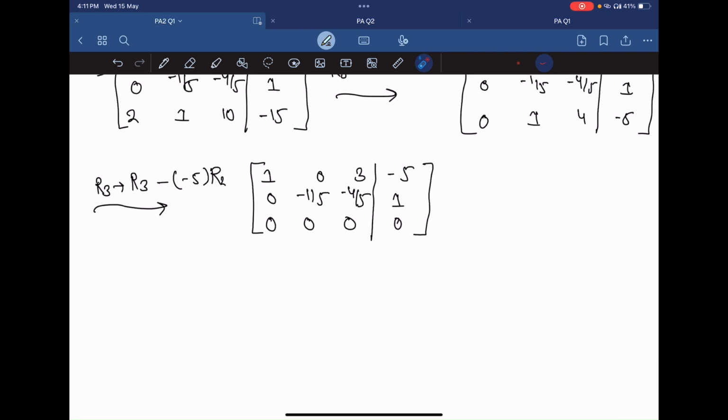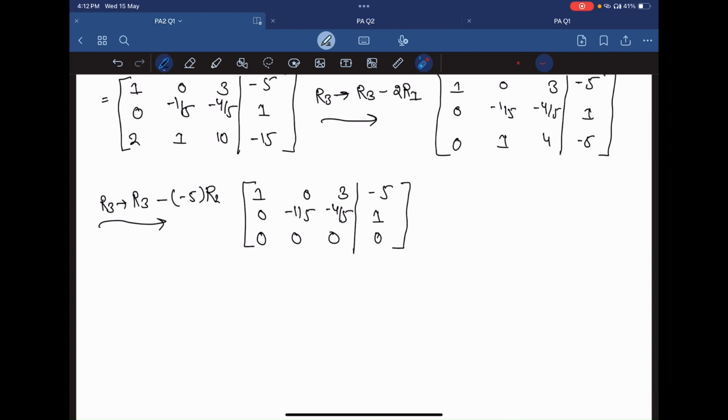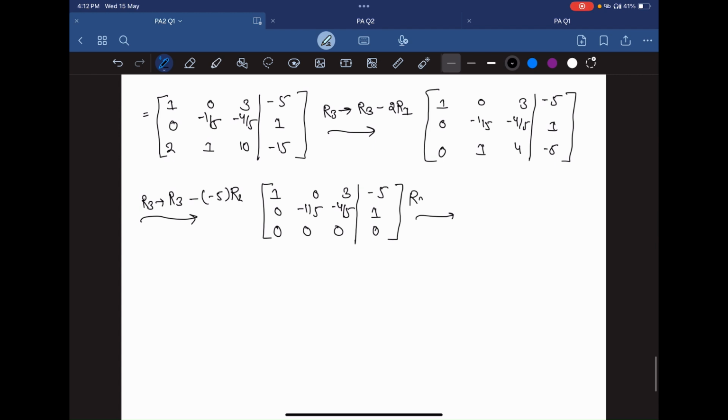We can also check that there's one column which doesn't have a pivot entry. If we further row reduce this matrix by doing an operation on the second row, that is minus 5 times R2, then we will get 1, 0, 3, minus 5, 0, 1, 4, minus 5, 0, 0, 0, 0.